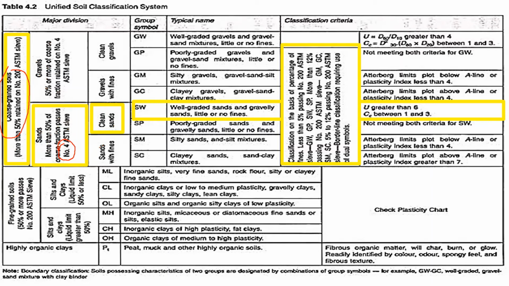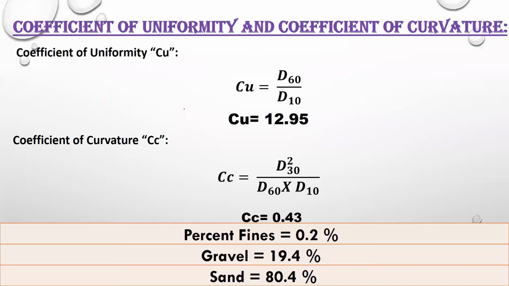In this, I have the selection of sands with fines, clean sands. We had clean sands over here, so I will select this box. Then SW or SP: well-graded sands and gravelly sands, little or no fines. Yes, we had sands, some amount of gravel as well, but little or no fines, because it is 0.2%.